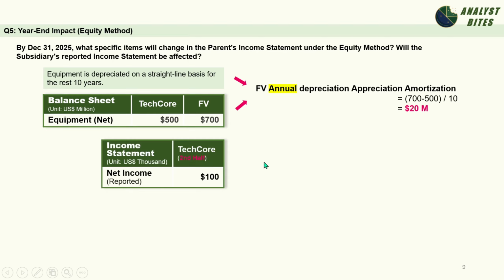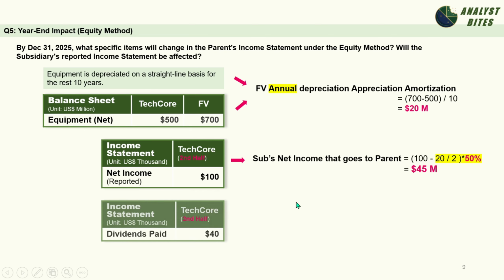Now the final math. Take the subsidiary's reported net income of 100 million. Subtract our 10 million adjustment to get a corrected net income of 90 million. Since we own 50%, our share of the profit is 45 million. One last reminder. Do dividends change this 45 million profit?